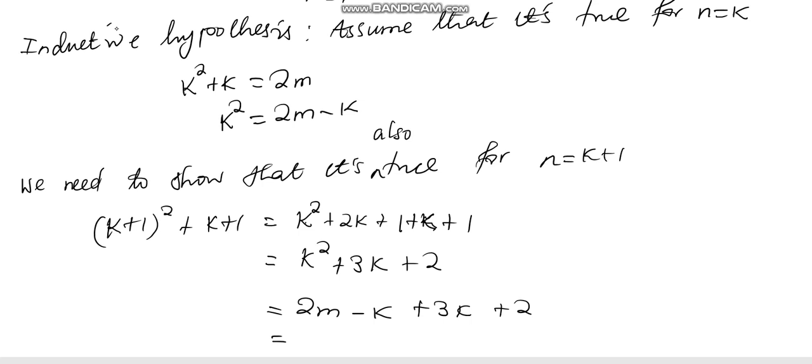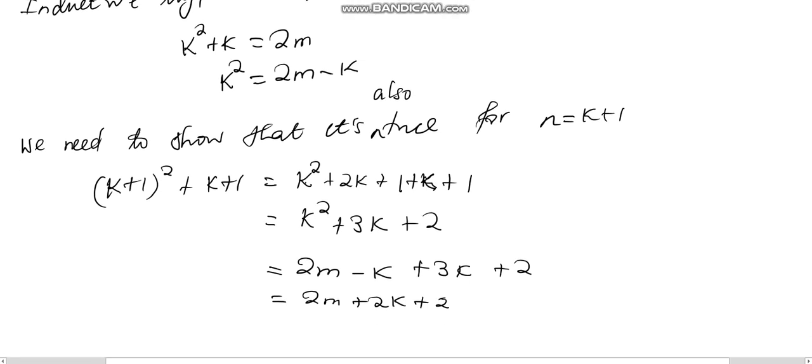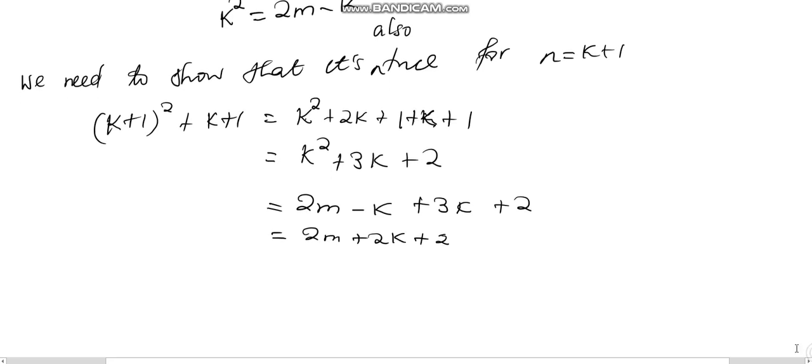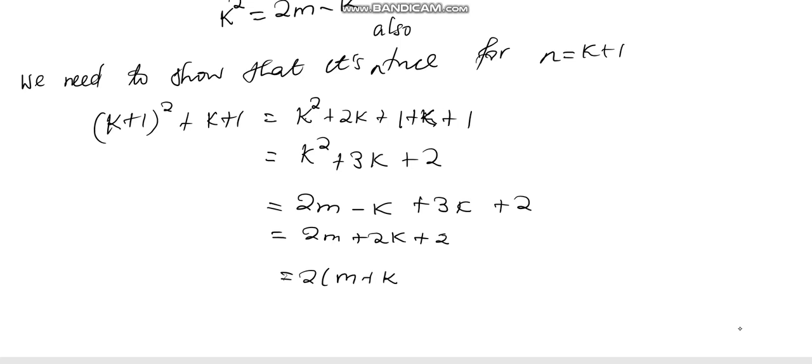So here we have 2m plus 2k plus 2. So here we can just factor out the 2 because it's a common coefficient. So 2 open brackets m plus k plus 1.